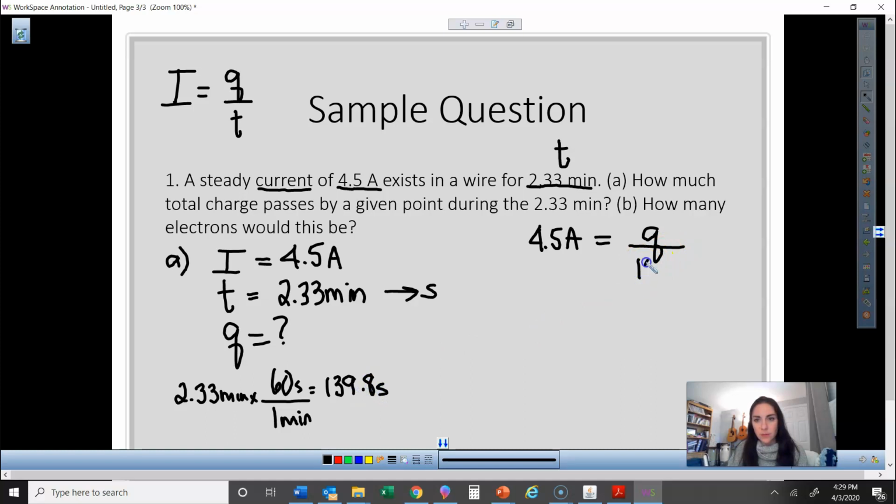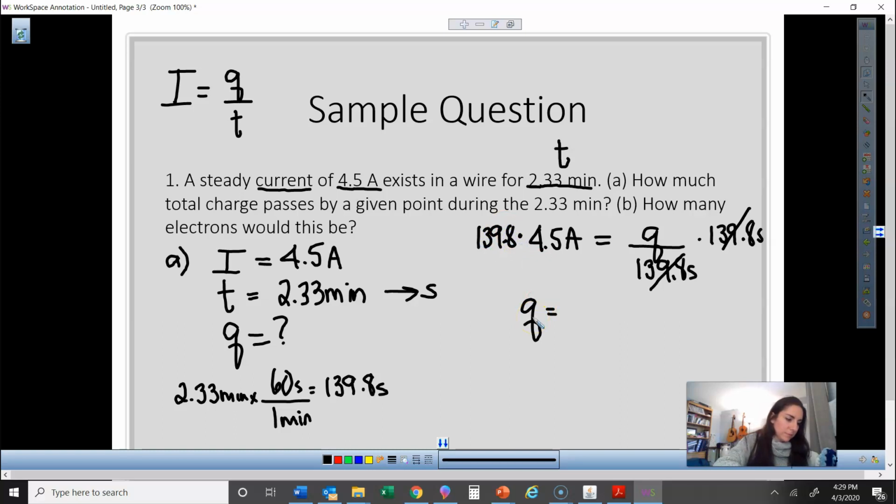So that number goes here. So to solve for Q, I have to multiply both sides by 139.8. That's because this was on the bottom here. So 629.1 coulombs of total charge.